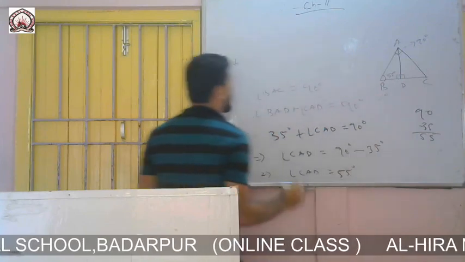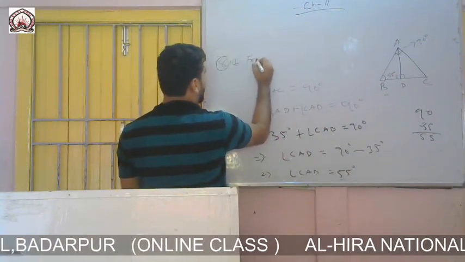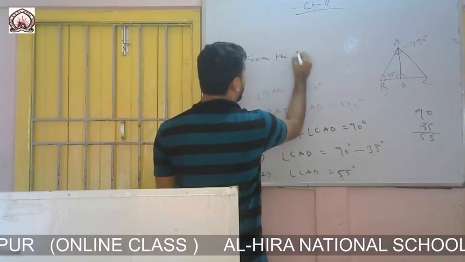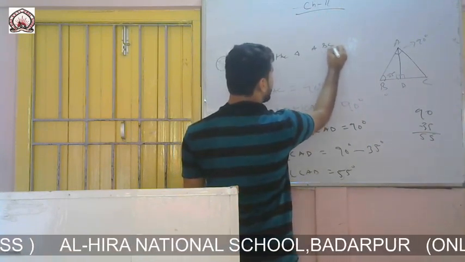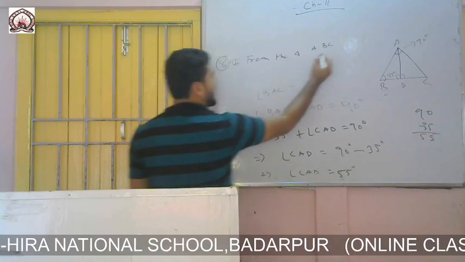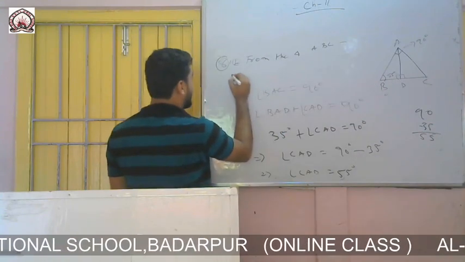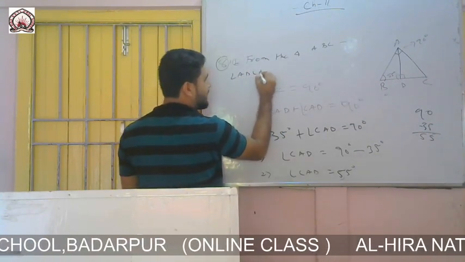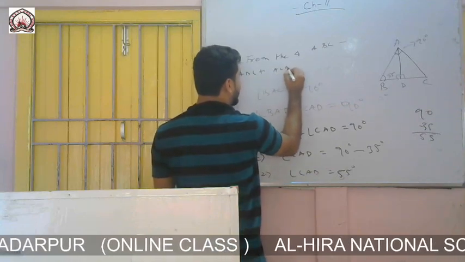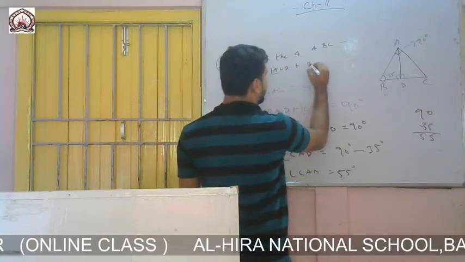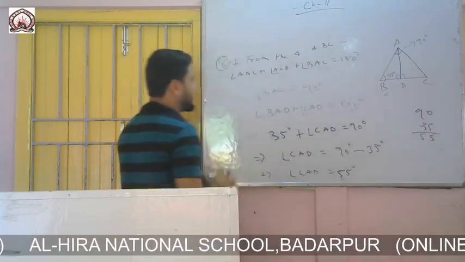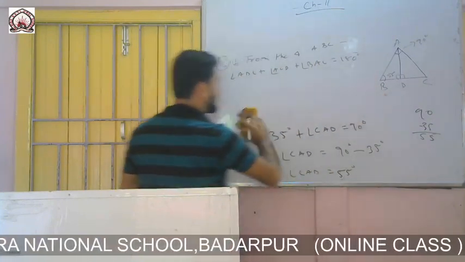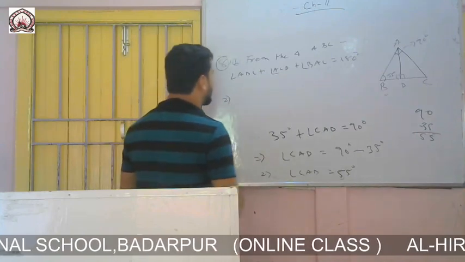So write, from the triangle ABC we can write angle ABC plus angle ACB plus angle BAC equals to 180 degree. So from here I can put the values.